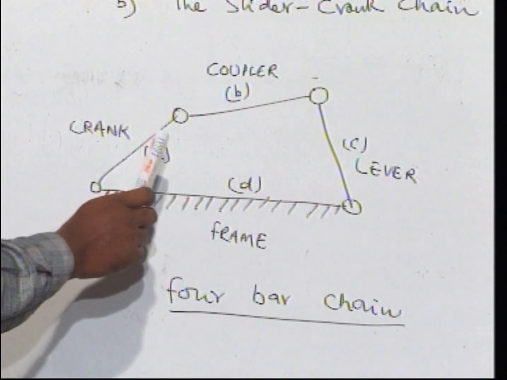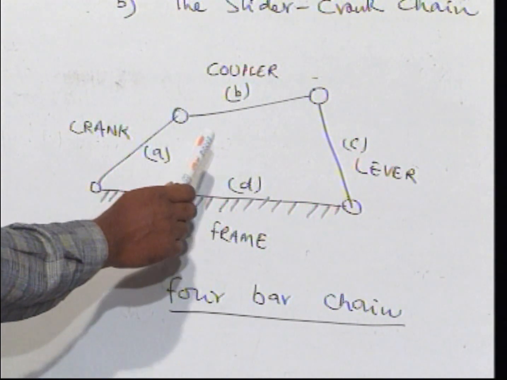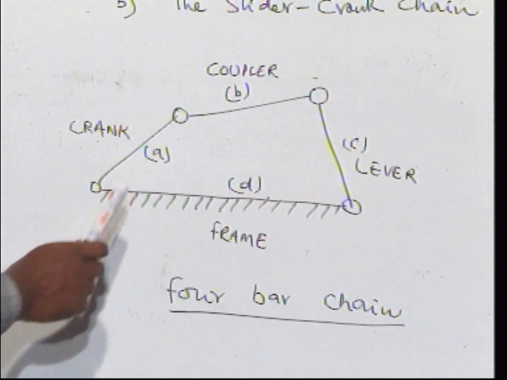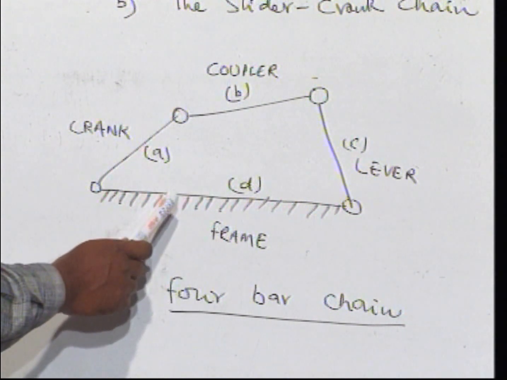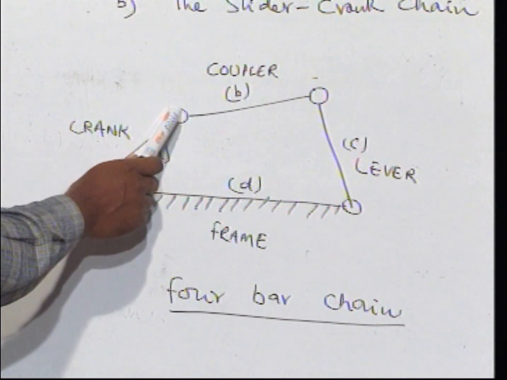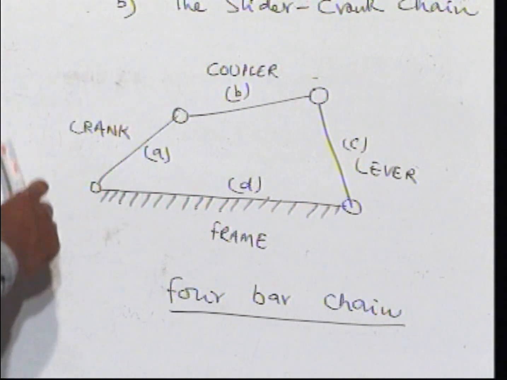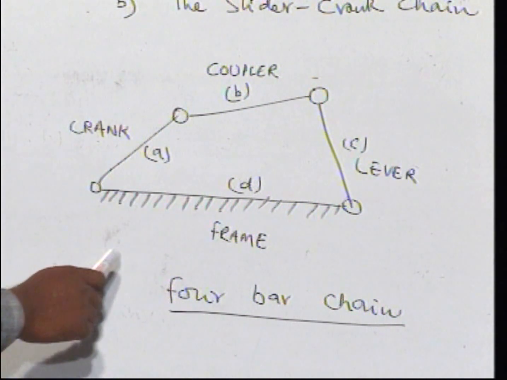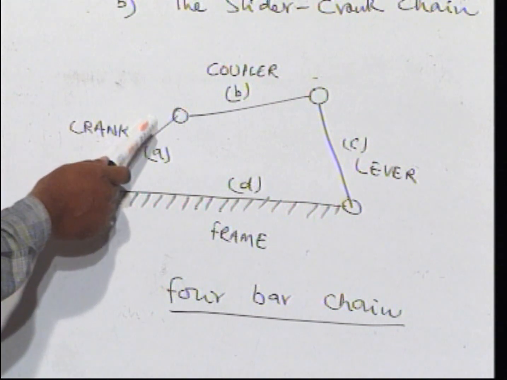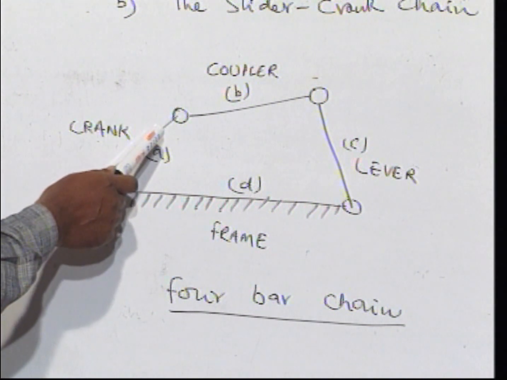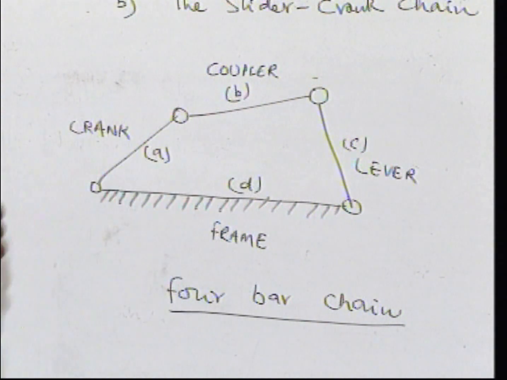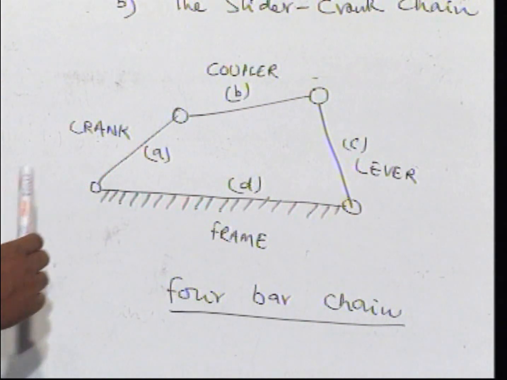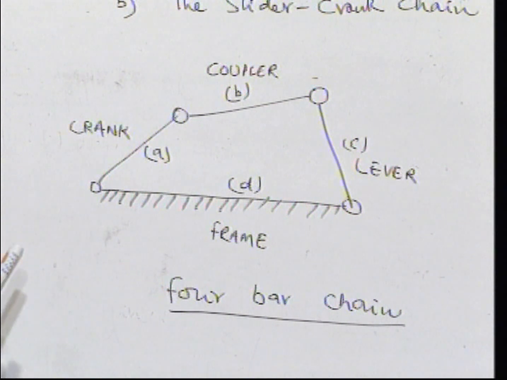Depending on the relative motion between them and the link that is fixed, we may have a rotational motion in one of the links and oscillatory motion in the other link, and vice versa.